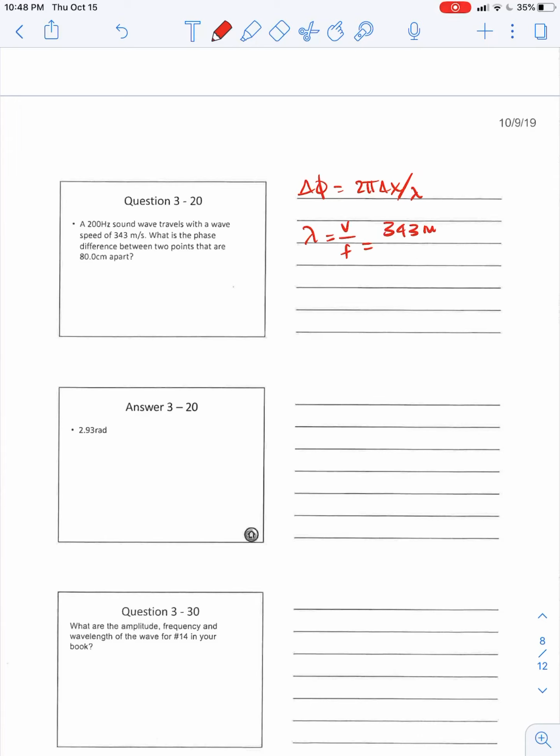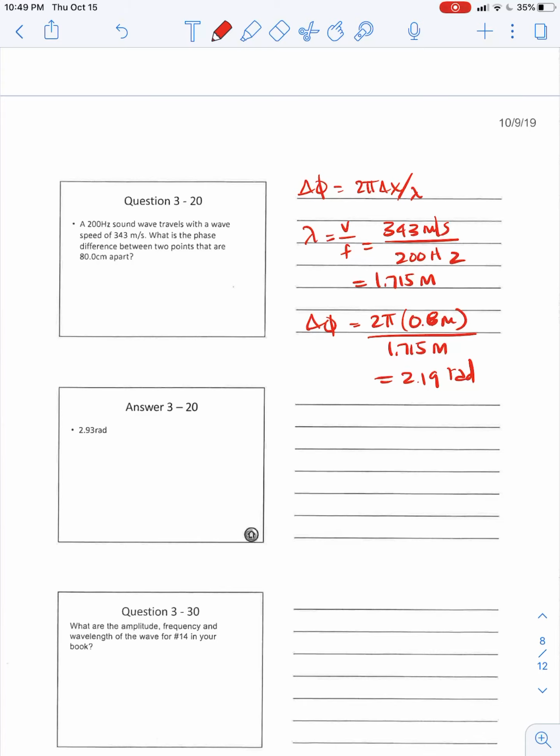The velocity is 343 meters per second divided by 200 hertz, equal to 1.715 meters, is equal to 2 pi times the change of position, which is just that 0.8 meters divided by 1.715 meters, which ends up equaling 2.19, I believe, radians, not this 2.93.